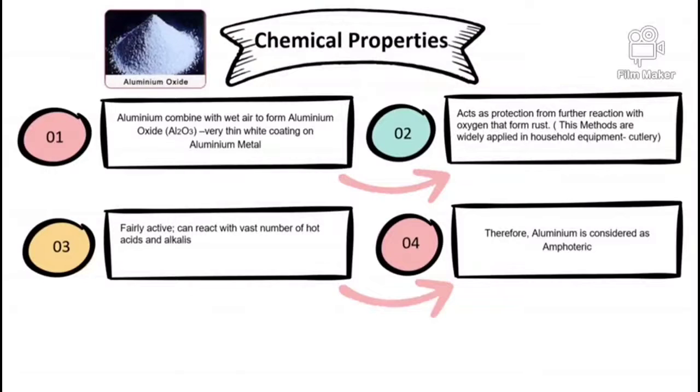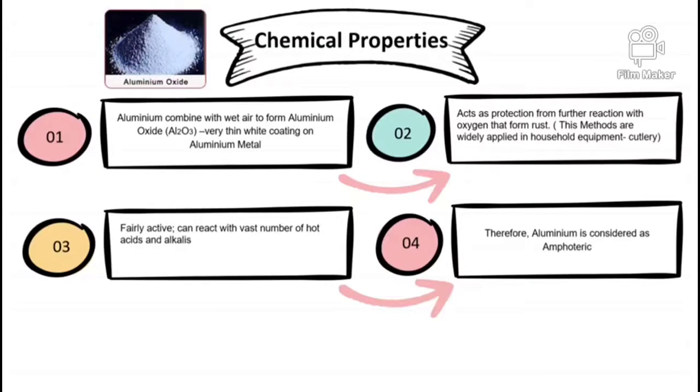Aluminium also has chemical properties. When aluminium combines with wet air, it can form aluminium oxide, Al2O3. When we observe it, we can see a very thin white coating on the metal.